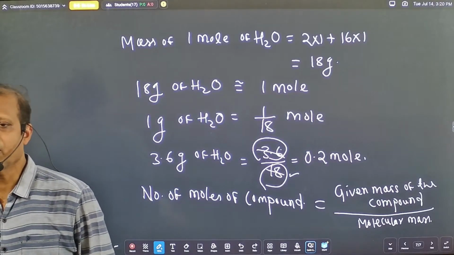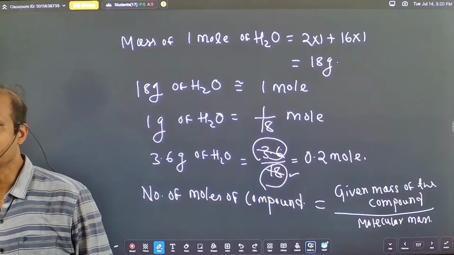Carbon atomic mass is 12. Oxygen atomic mass is 16.